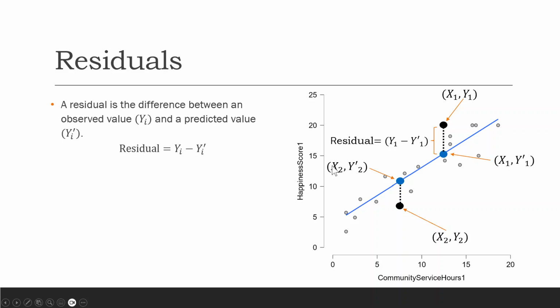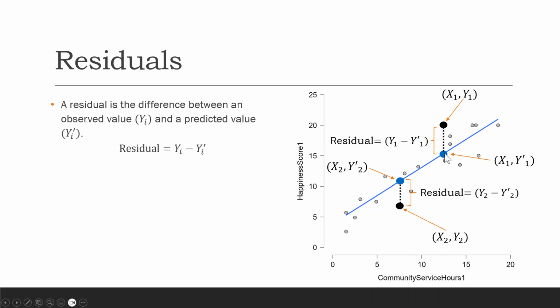There's my point, x sub 2, same x value, but I have the predicted value because I'm on my regression line. And so my residual here still represents that vertical distance, but this time it's going to be negative, right? Because if I do y sub 2 minus y prime sub 2, y prime sub 2 is larger, so I'm going to get a negative value. And my residual for the first point is going to be positive, right? Because the observed value is larger than my predicted value.